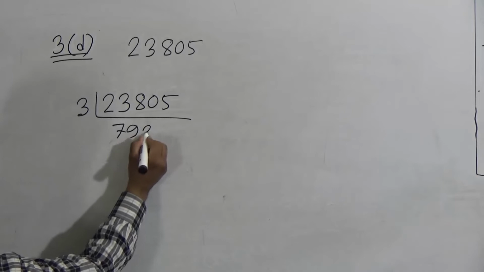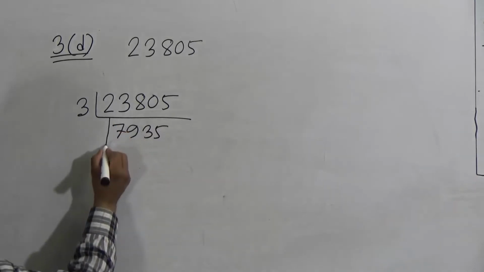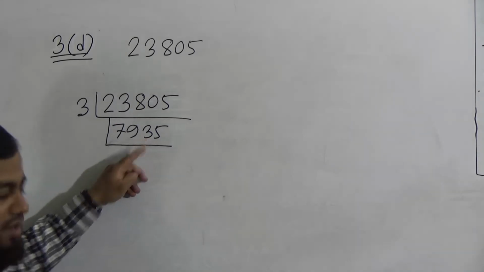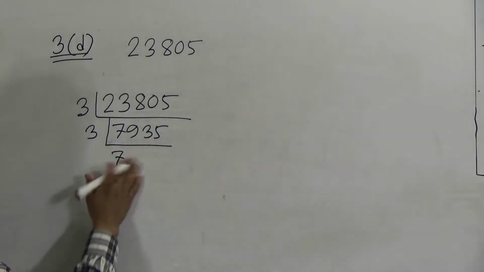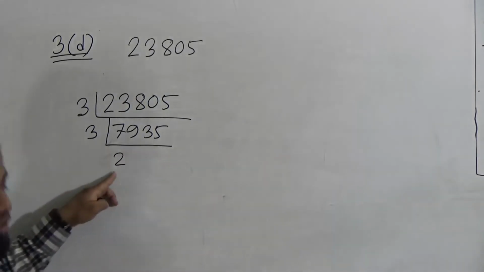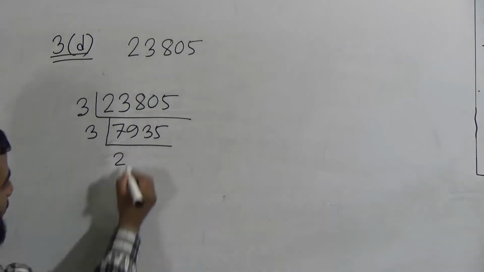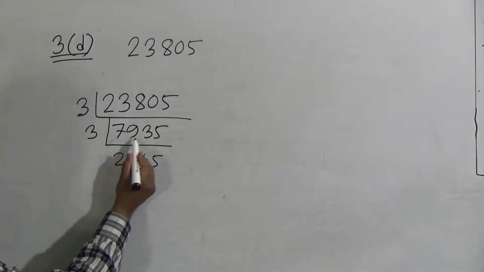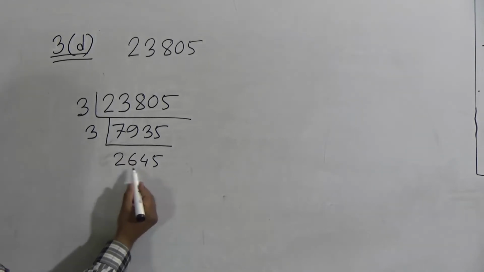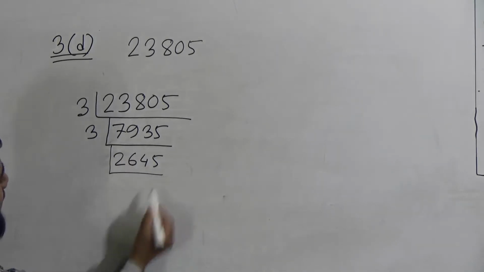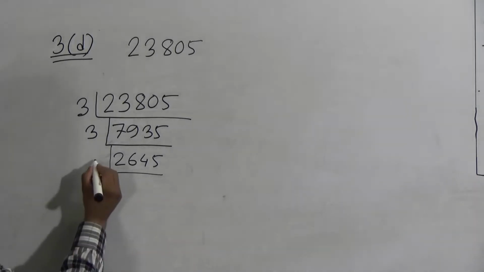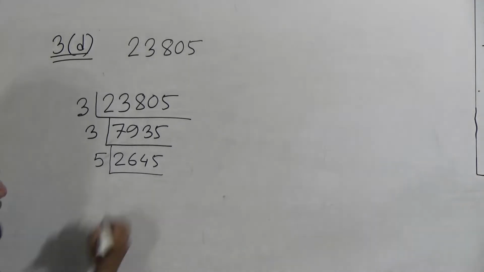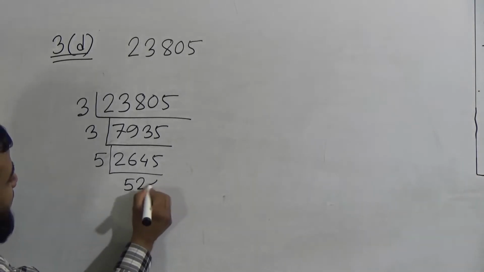We can divide 7,935 by 3 again, we will get 2,645. If we divide this one by the prime number 5, we will get 529. We will get 529, my dear students.